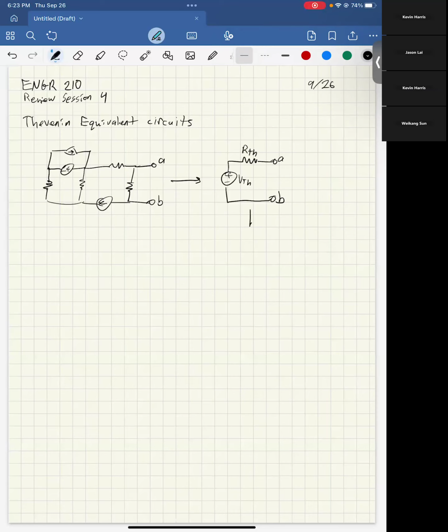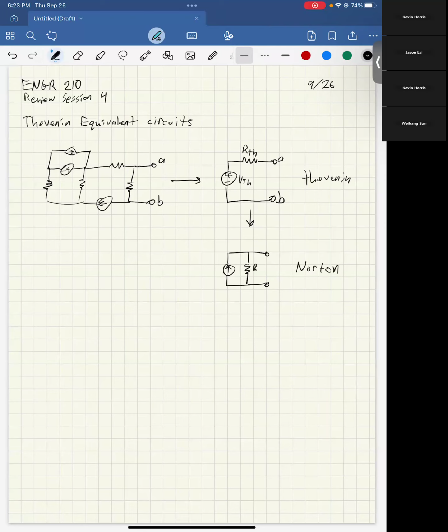Similarly, Norton equivalent circuits are the exact same thing, just with a source transform of the circuit you have here. So instead of being a voltage source in series with a resistor, it becomes a current source in parallel with a resistor. So this is Thevenin, and this is Norton.